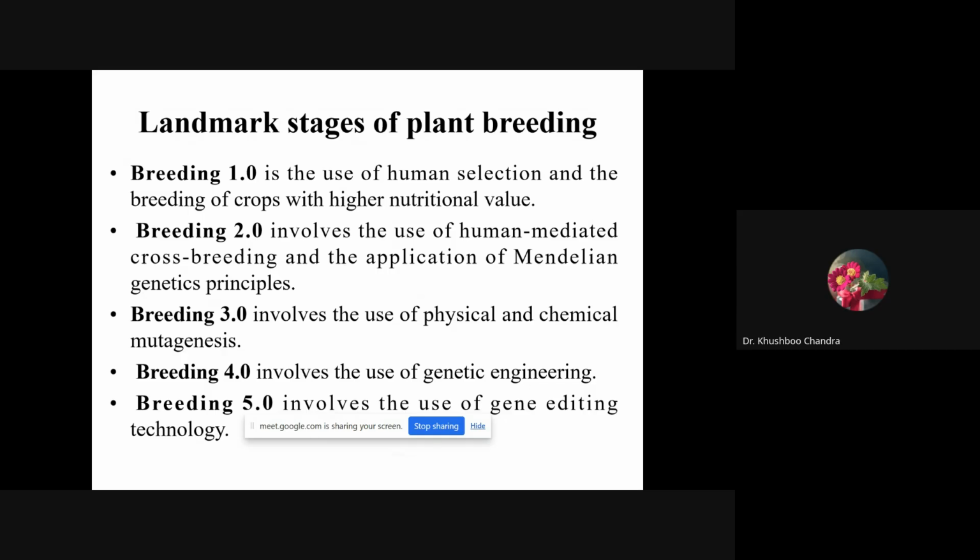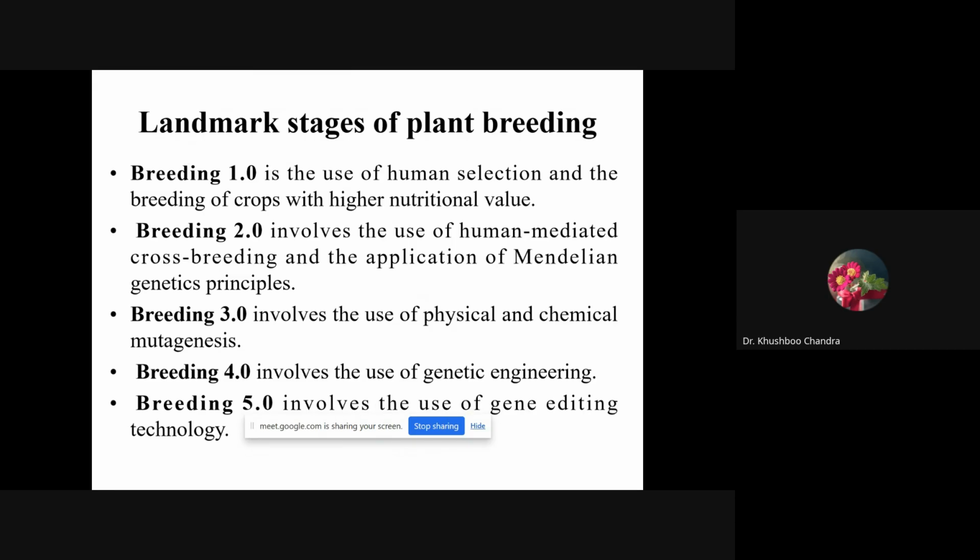And today, breeding 5.0 uses genome editing techniques, different techniques in genome editing, like CRISPR-Cas for precise gene modification. This progression reflects increasing efficiency. We had the methods earlier also, but they were time consuming and the precision was very low.